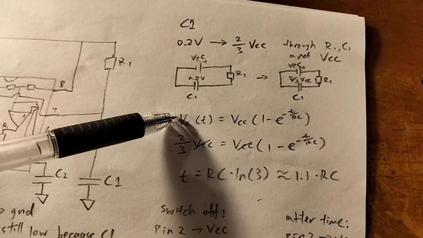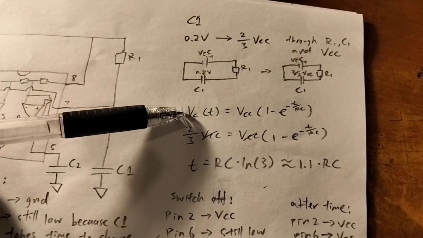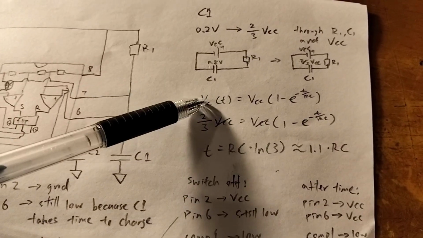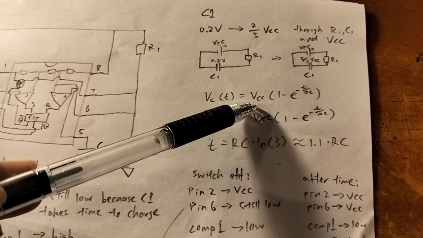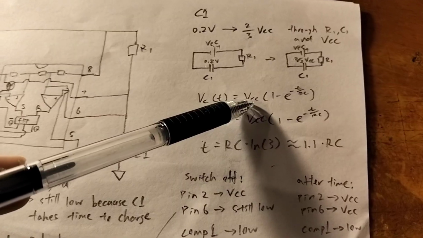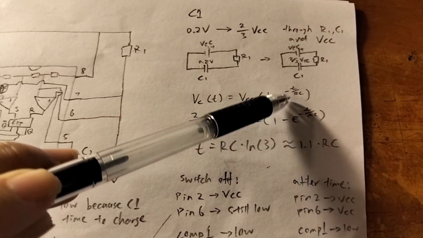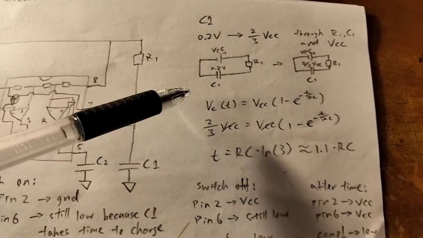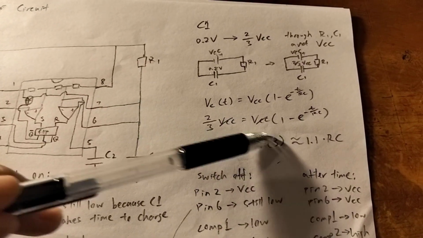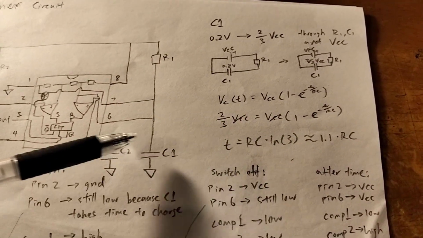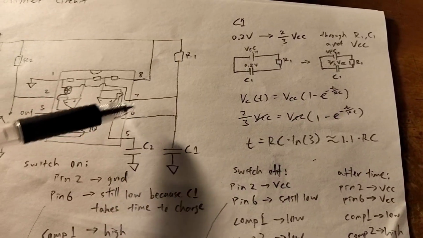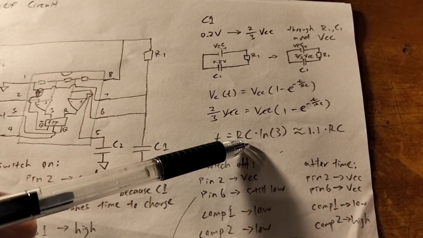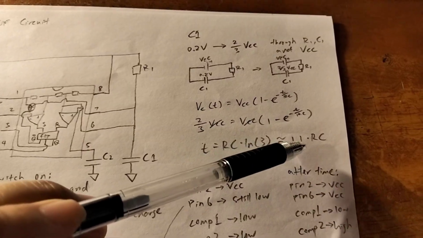The voltage across the capacitor over time is equal to the supply voltage times 1 minus e to the power of negative t over RC. And when you do some algebra and simplify things, it turns out that the time it takes for pin 6 to charge up to 2/3 VCC is RC times natural log of 3, which is about 1.1 RC.